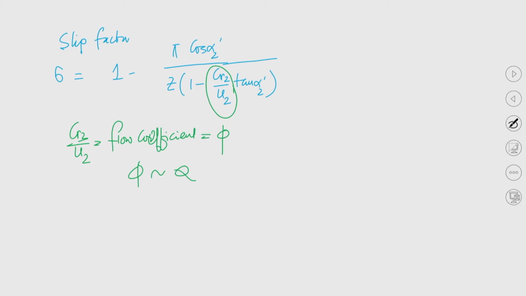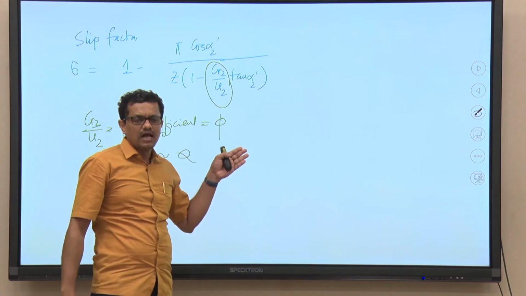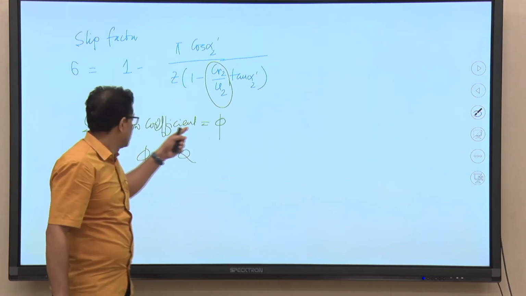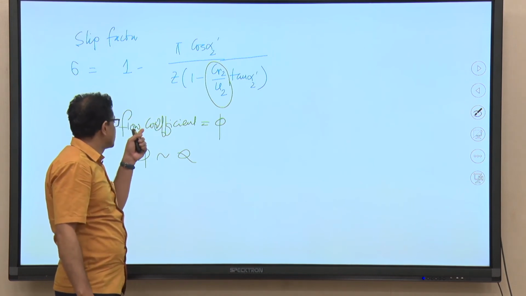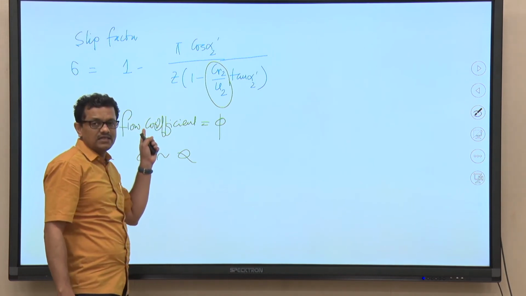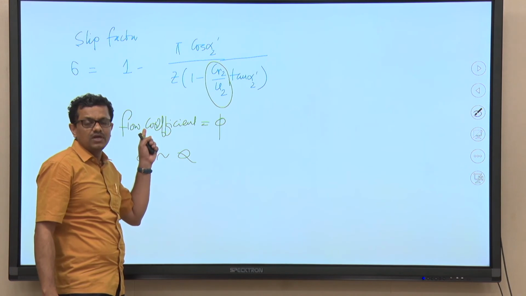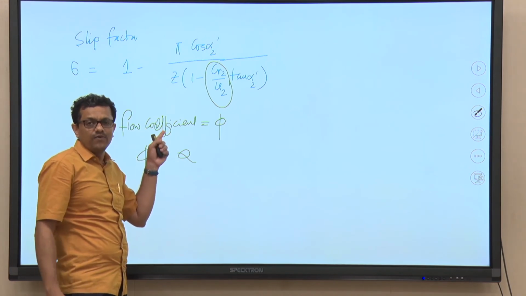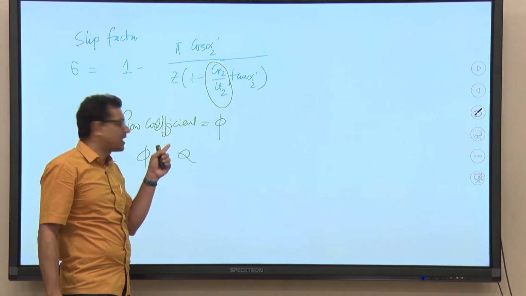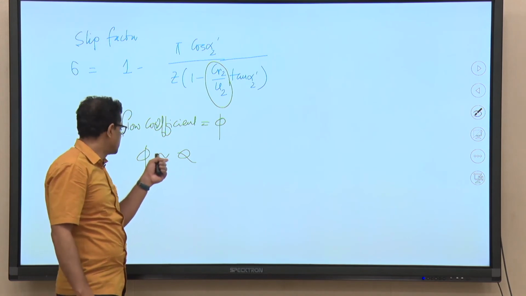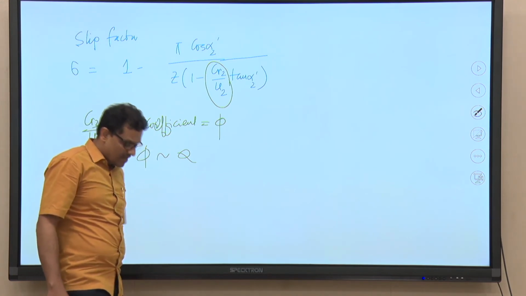If you consult any textbook, you will find this phi is there. In some books it is written this is flow coefficient, a dimensionless number which is used to describe the volume flow rate, and that is why it is sometimes also known as volume flow coefficient, and this is proportional to Q. Okay.